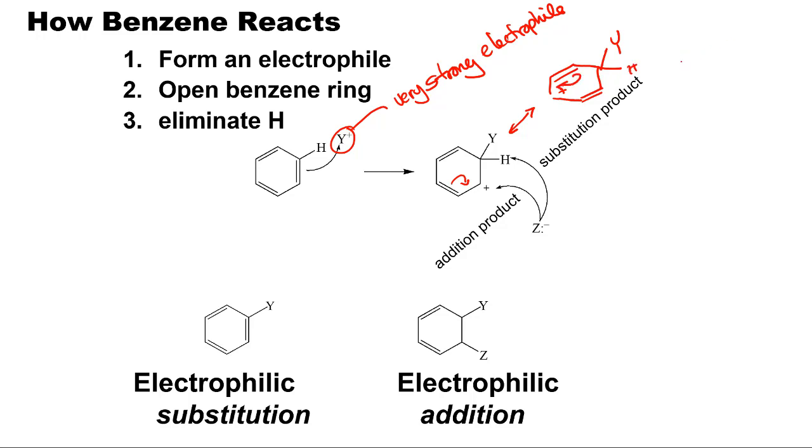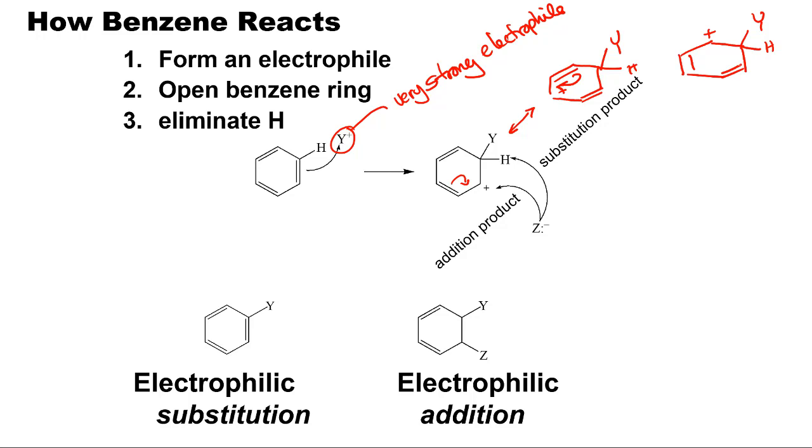And then you end up with this. Something like that. So those are the resonance structures that you can have on this particular intermediate. The three structures are the resonance contributors for the resonance hybrid.